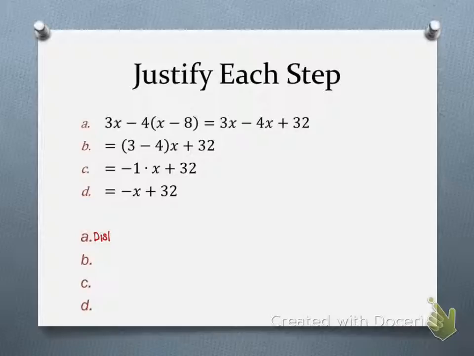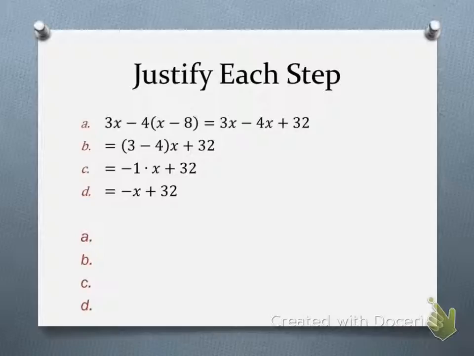Our last type of problem that we're going to see on the homework is to justify each step. So what it's going to do is it's going to give you a problem, and it's going to work out each step for you, but it wants you to say how to go from step to step.